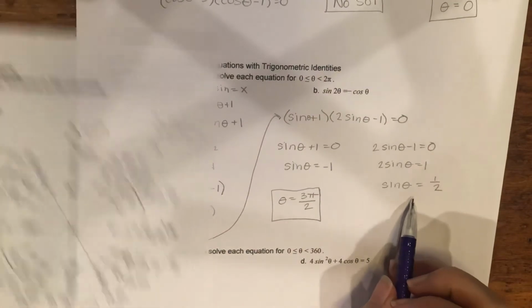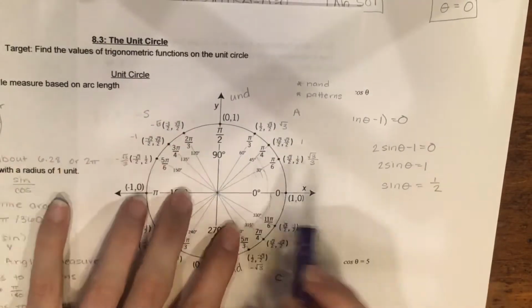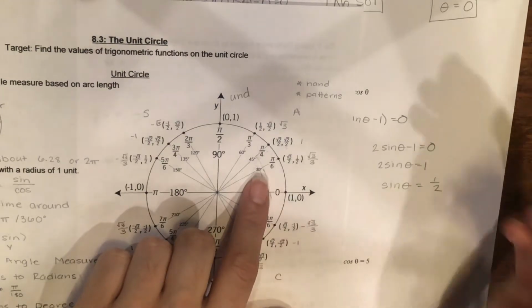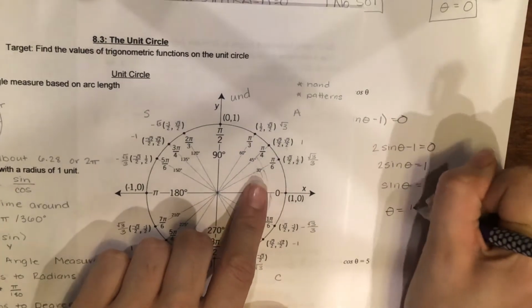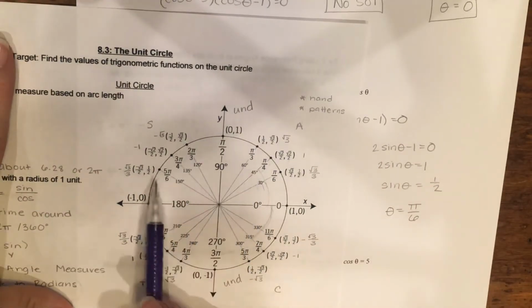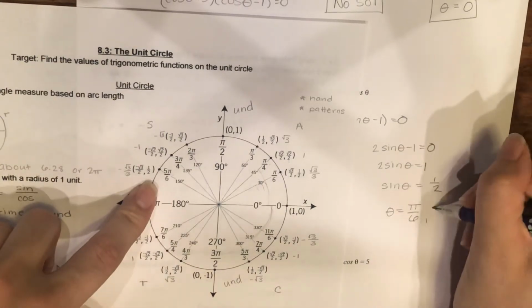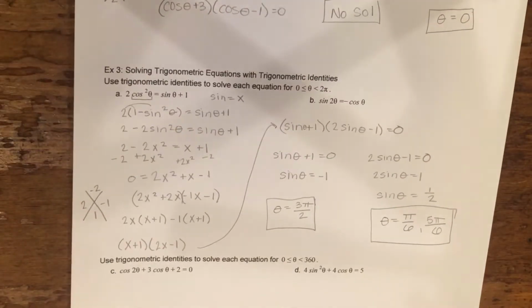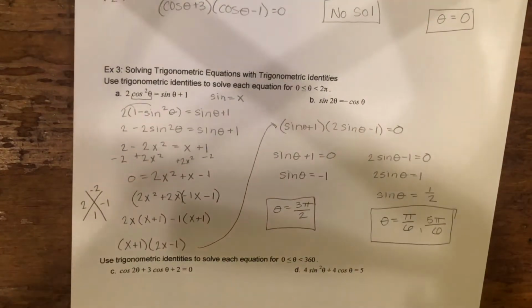And then sine equaling 1/2, I have it at pi over 6, so theta is going to equal pi over 6. And then sine equaling 1/2 I also have at 5 pi over 6. And that would be that answer. So you ended up having 3 total answers.